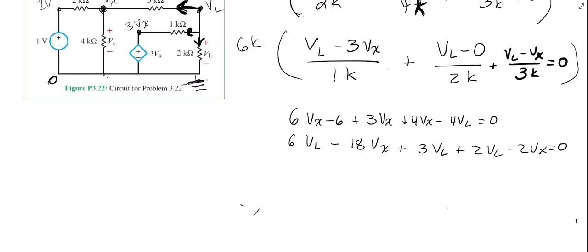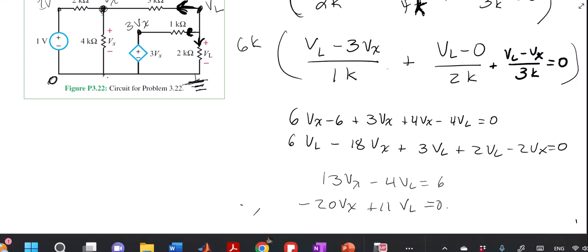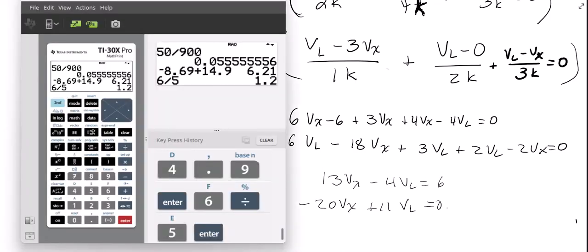This top one, that's 9 plus 4 is 13Vx minus 4VL equals 6. Is that the same as we had last time? Yeah. Okay. And then the bottom one, negative 18, negative 2 is negative 20Vx, 6 plus 3 is 9 plus 2 is 11VL equals 0. And now I will use my calculator.